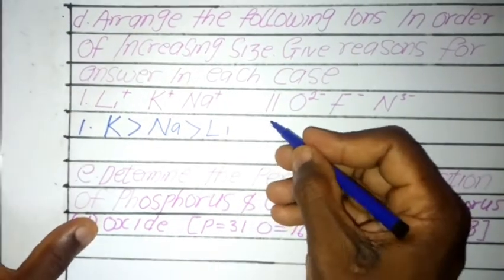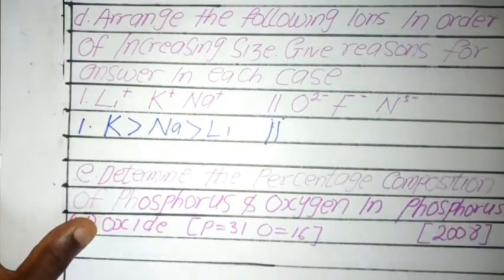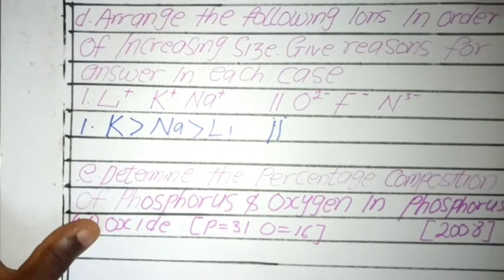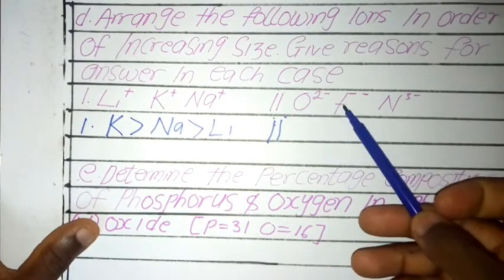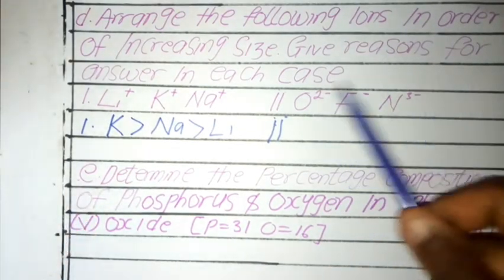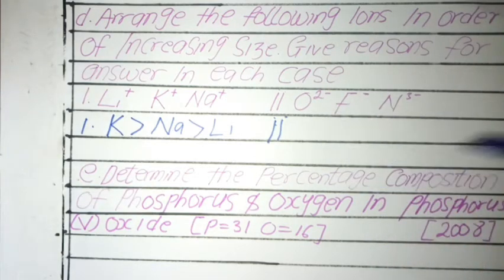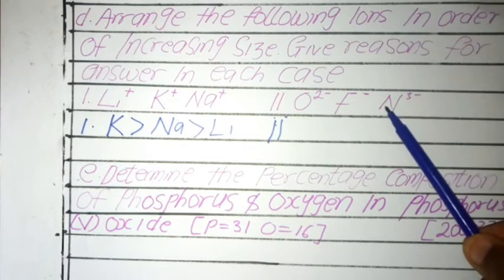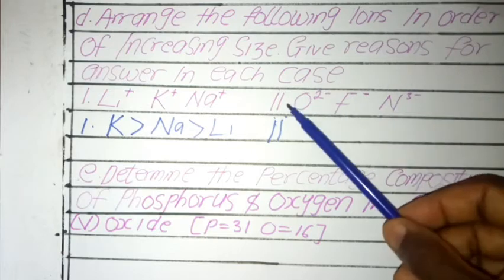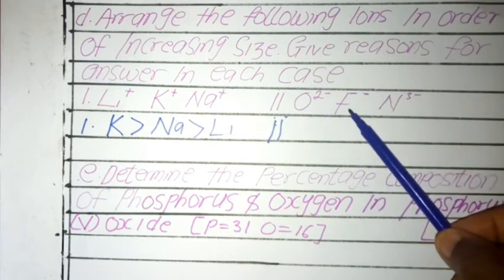Then for this, we have oxygen, fluorine, nitrogen. For these elements, they are all in the same period. We have nitrogen before oxygen, before fluorine.